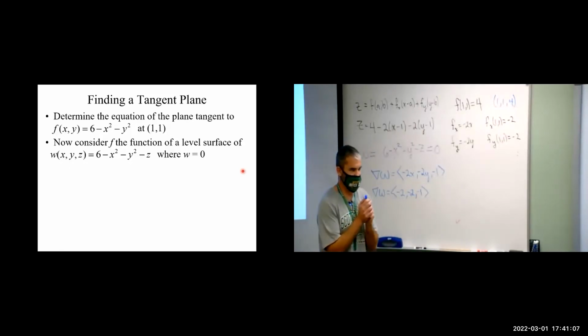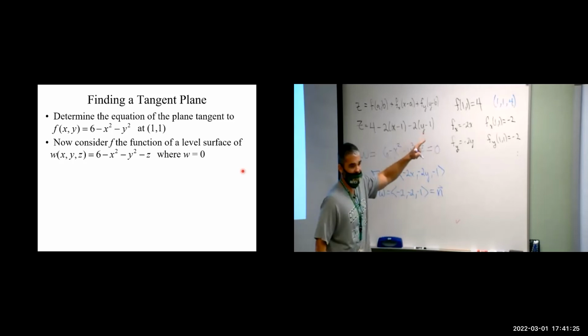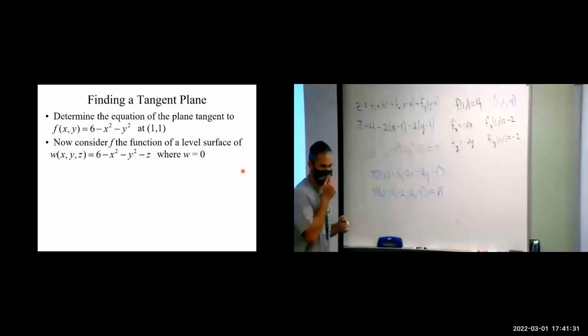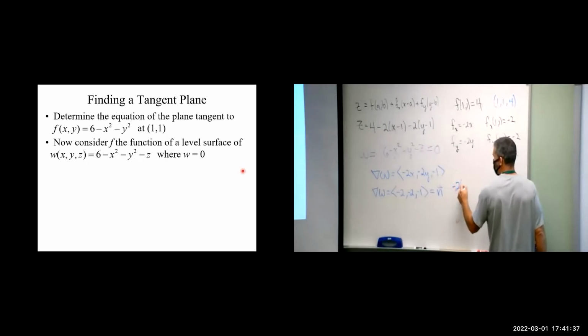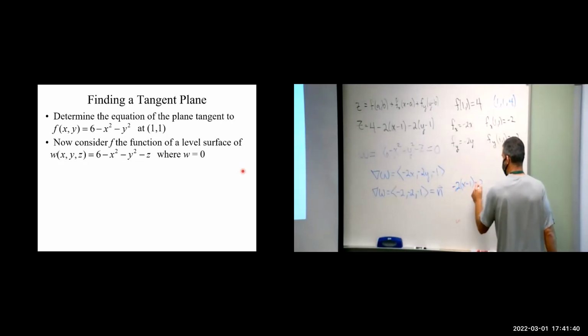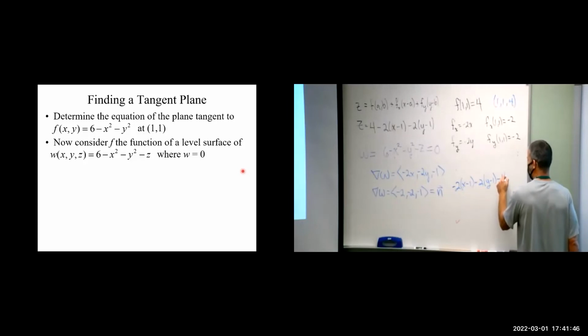Remember, the gradient is perpendicular to the level surface at this point. That means we have a normal vector and a point, so we can find the plane in point normal form. Does that sound familiar? Oh, yeah. That's going to be minus 2 times x minus 1, minus 2 times y minus 1, minus 1 times z minus 4 equals 0.